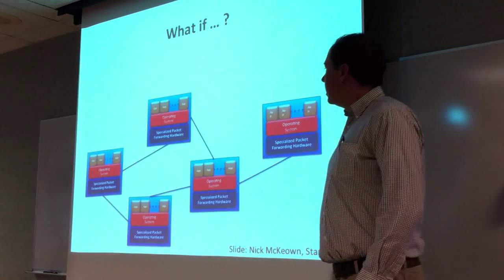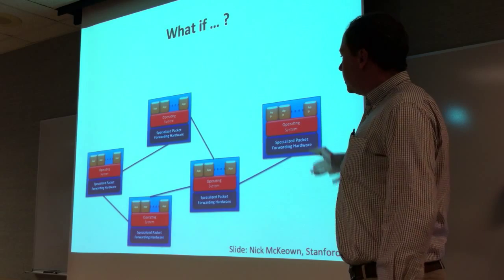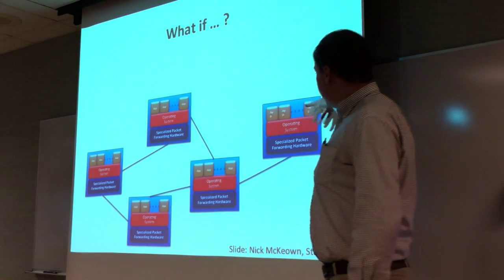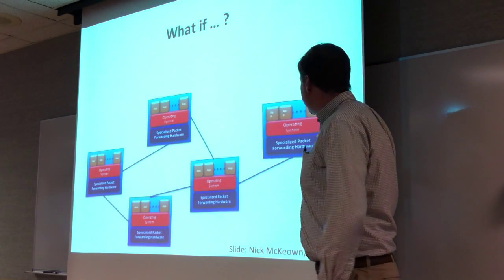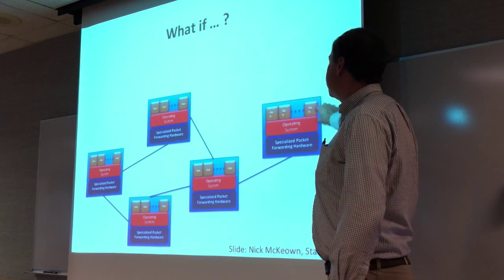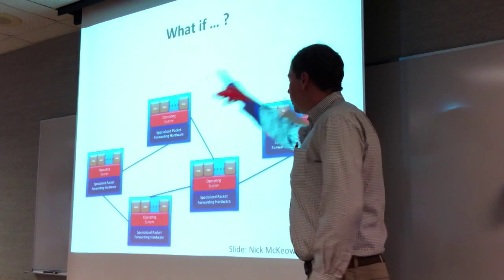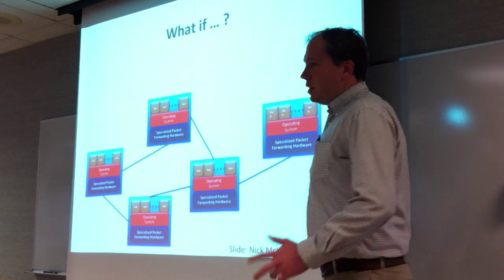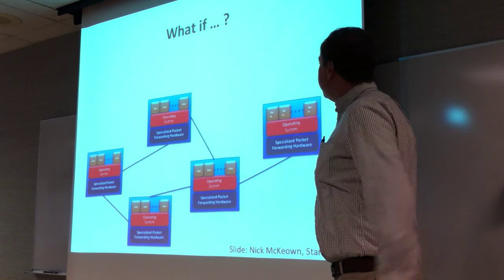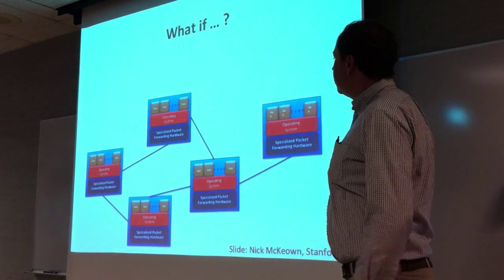You're just going to have to make do with whatever they come out with. So here's our network today. That was what we basically had drawn out. Every single one of those boxes had specialized packet forwarding hardware, an operating system, applications, and complicated protocols, all telling each one of these independently set up things what to do.